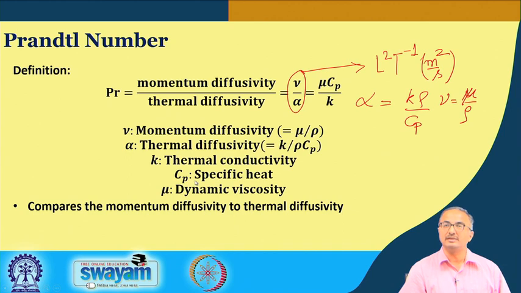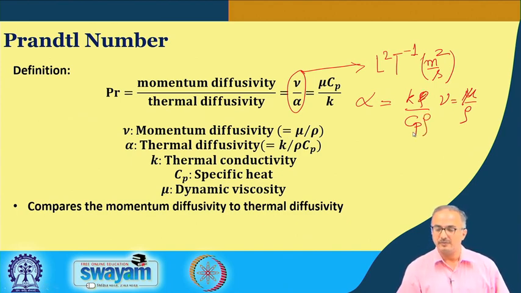There was a mistake over here, it will be K by rho Cp. As the temperature or pressure changes, there will be some effect on these properties also, but generally when you take the ratio of these diffusivities, the ratio does not change much with the temperature and the pressure.